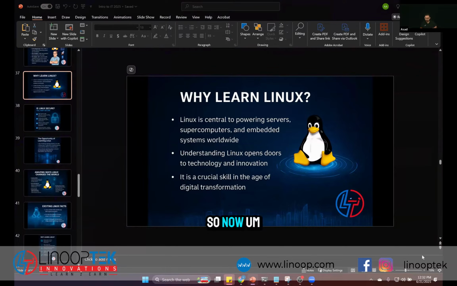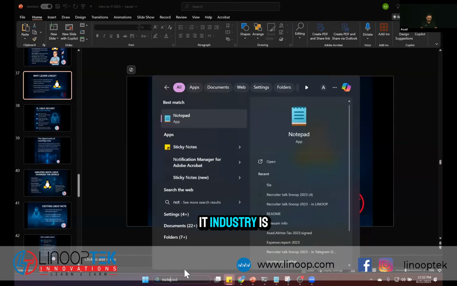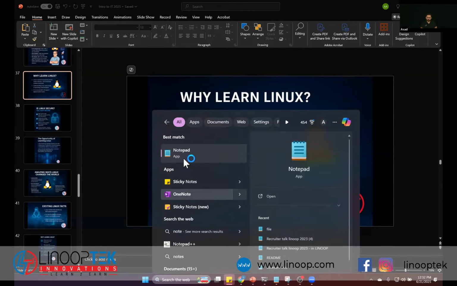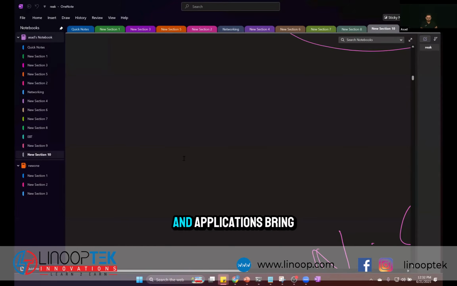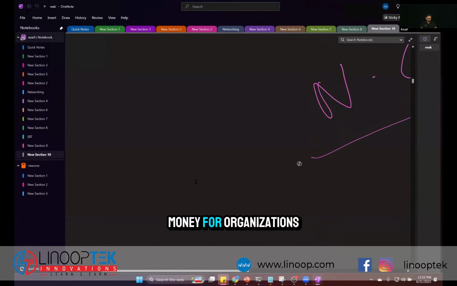All right, great. Linux, by the way: all of these mission critical servers out there that are running critical applications that are supposed to be running 24/7 are all running on top of the Linux operating system. Remember, folks, I told you that everything in the IT industry is basically all about applications, and applications bring money for organizations.